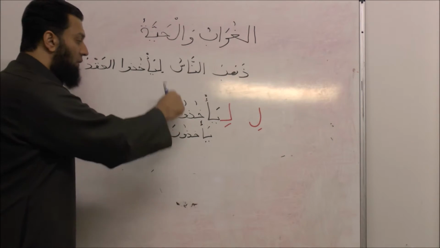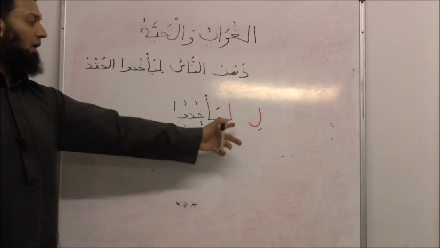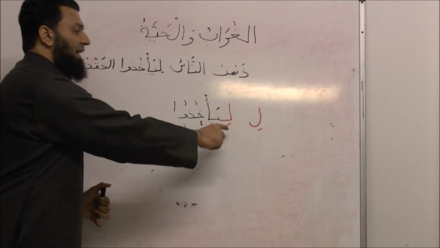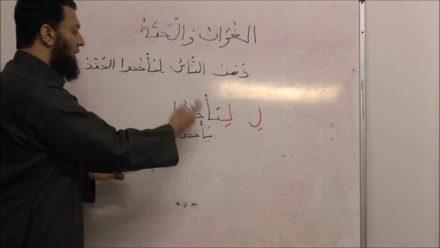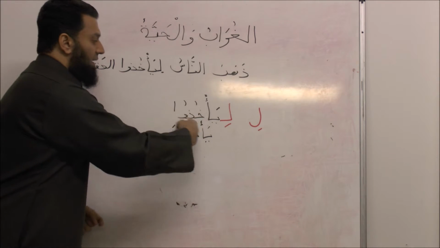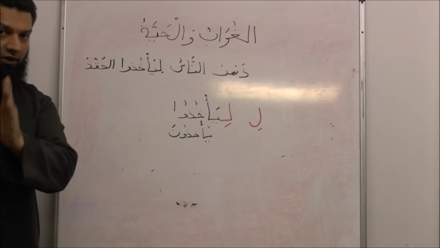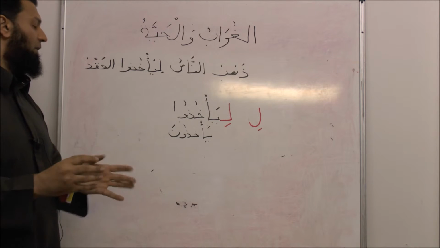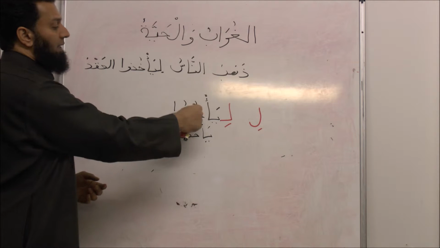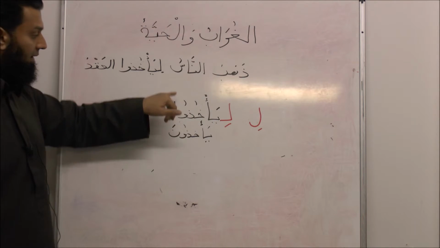We dropped the noon and added an alif. This is another important rule: if our present tense verb has become mansoobun, it means we've added something to it, like li. There are other letters, but we'll mention them when we see them.